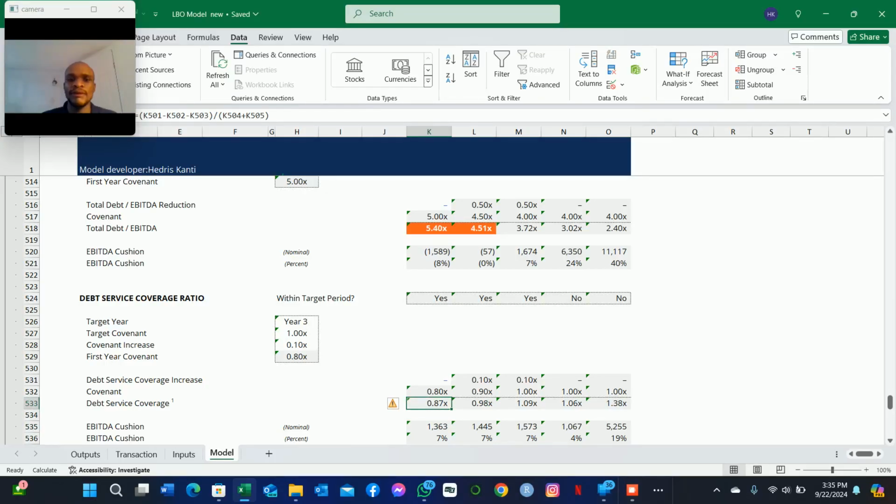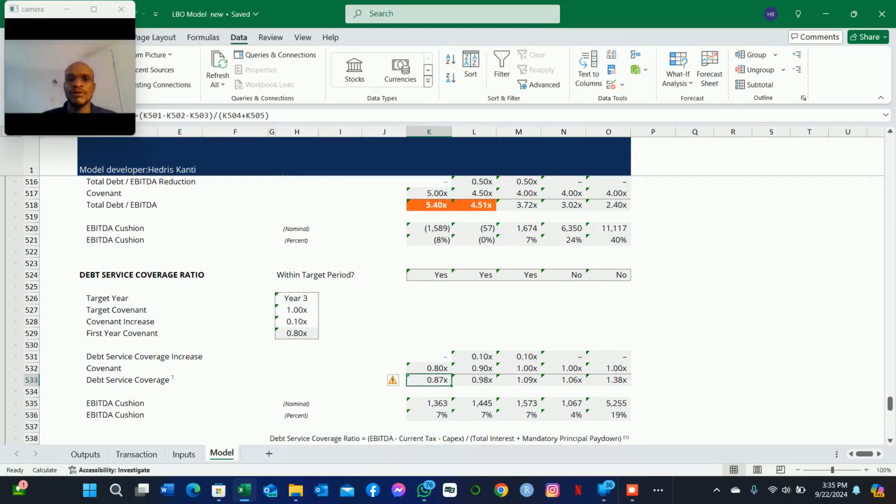It's very, very important for us to note that debt service coverage is very important in a leveraged buyout, because they use the maximum amount of leverage to acquire other businesses. So if ever they are breaching the covenant, then it's a very, very serious problem.